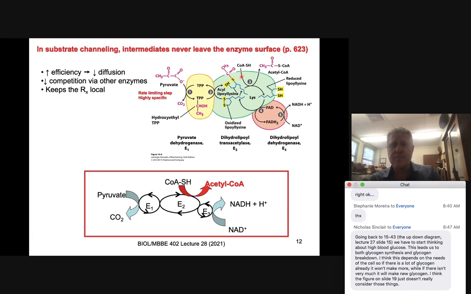But in the same process, we have to reprime the enzyme through the lipoyllysine, having this reduced form become oxidized so we can take on more of the hydroxyethyl TPP constituent coming from the pyruvate.